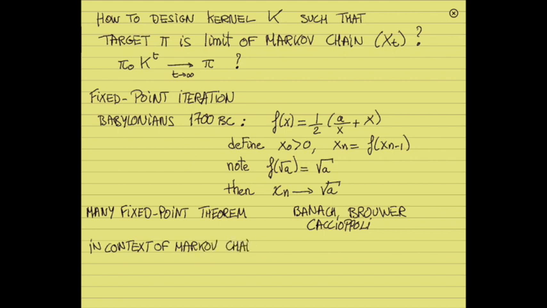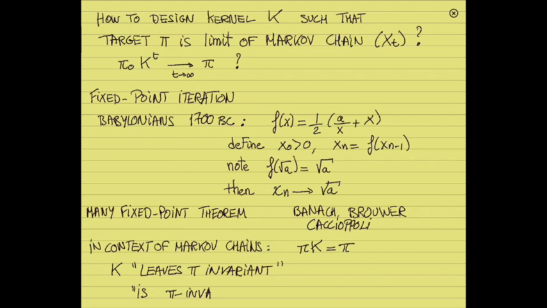In the context of a Markov chain, this could mean that we're looking for a recursion such that if the Markov chain was distributed according to pi and we did one step, the next step will still be distributed according to pi. And then we would say that the kernel K leaves pi invariant, or is pi invariant.